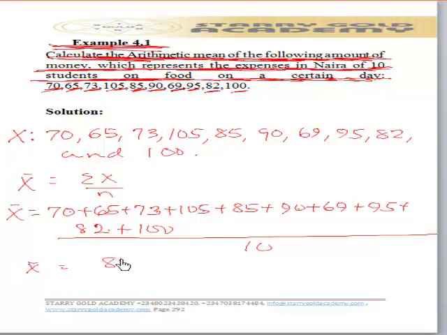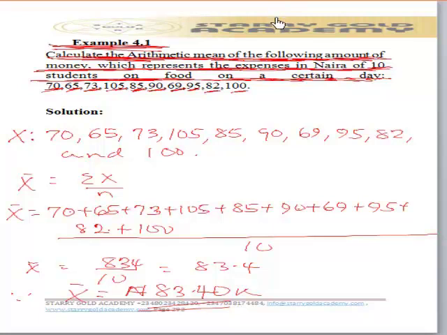We have 834 all over 10, and this will give us 83.4. Therefore, the arithmetic mean in terms of expenditure will be equal to 83 naira 40 kobo. So that is the arithmetic mean on that particular expenditure as incurred by a total number of 10 students on food on a certain day.